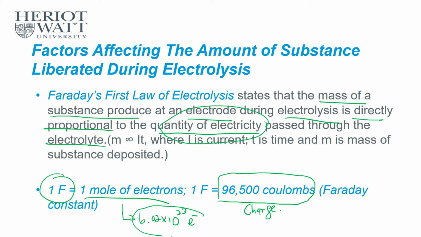And the total of these electrons gives you this charge, 96500 Coulomb. So if you have 1 mole of electrons flowing through the electrolytes, the total charge or quantity of electricity passing through is equivalent to 96500 Coulomb. That is what we call the Faraday constant.